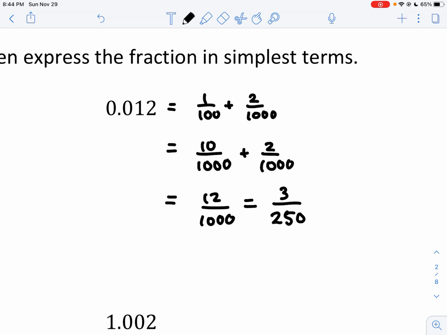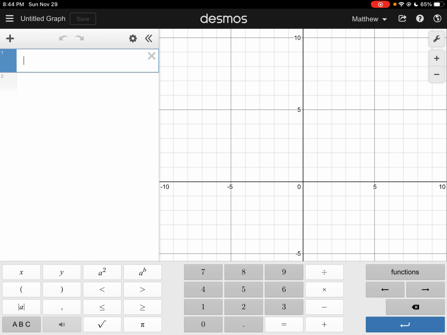Okay, now just to get confirmation, I want to type this fraction into a calculator and show you that it turns out to be this decimal. I'm using a calculator called Desmos. It's free, it's online. Just go to desmos.com, and I'm going to type in 3 divided by 250. And notice the decimal it gives me is 0.012, which is the decimal I started with.